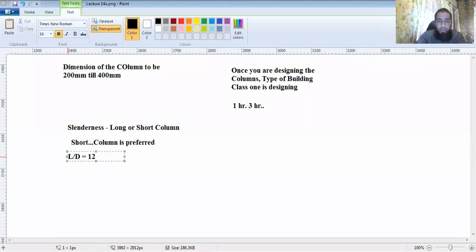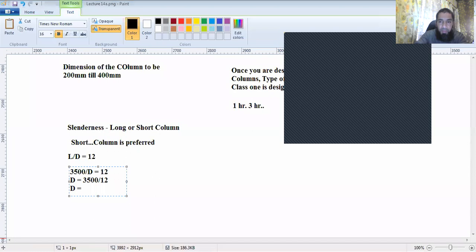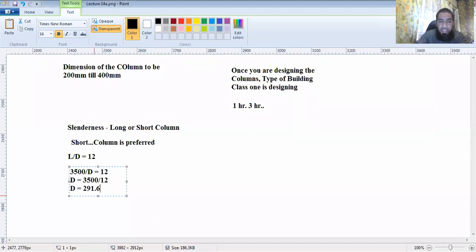For example, if we first of all calculate at 12, and 3.5 meter or 3500, L by D would be equal to 12. That would mean D is equal to 3500 by 12, and that is 291.6 mm.